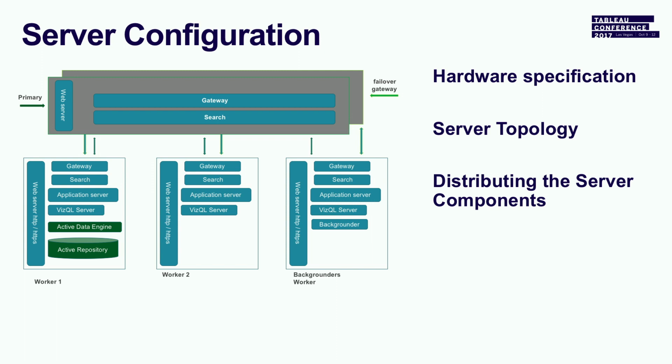There are a lot of factors you need to consider when you are doing a server configuration. For example, you need to decide what's the hardware configuration specification for your servers. And after that, you need to decide how to deploy the Tableau Server components.